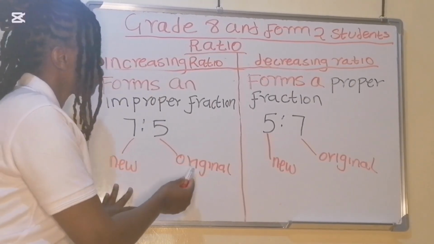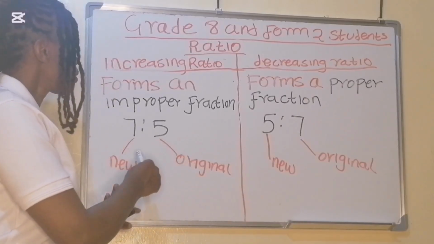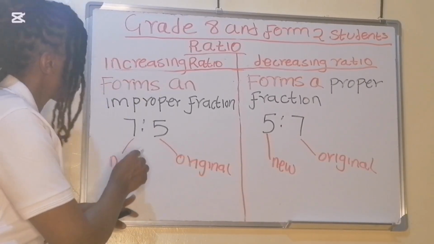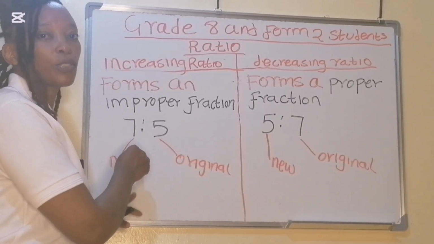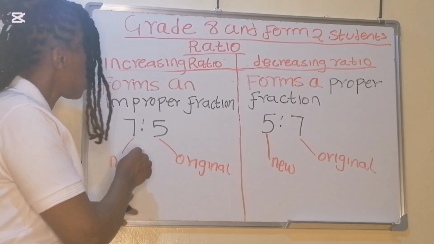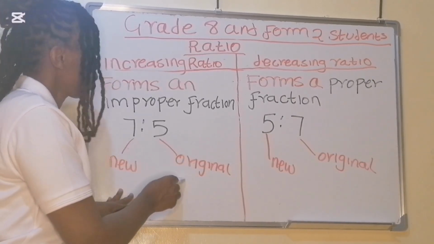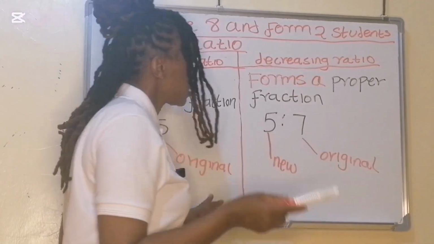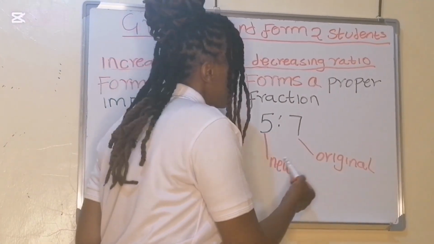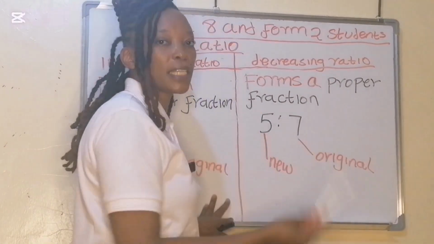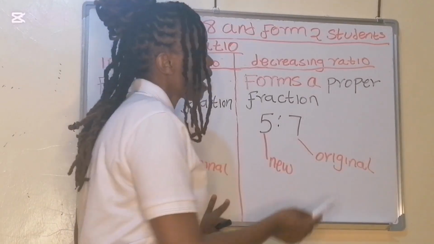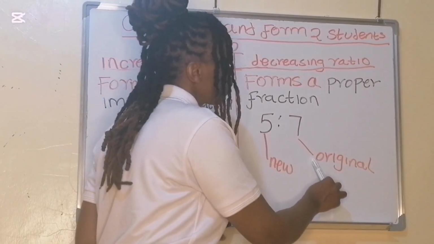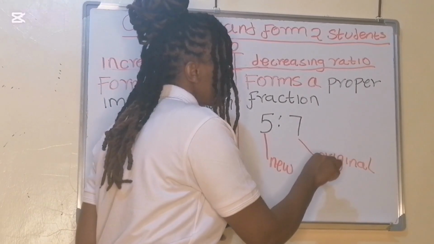If you have been given the original price, you already know that the first part is new. Maybe they want you to calculate the new price and you have the original price. In the decreasing ratio, you may be given the new, decreased price, and now they want you to find the original price.